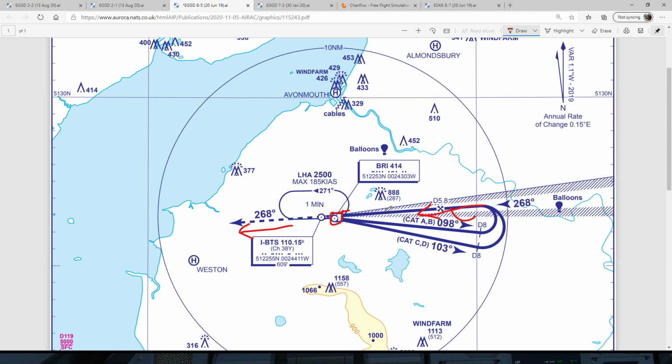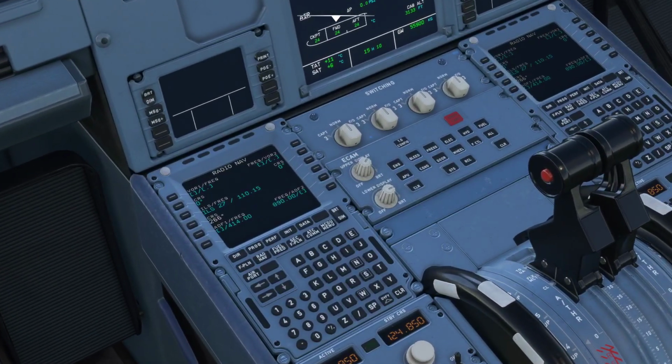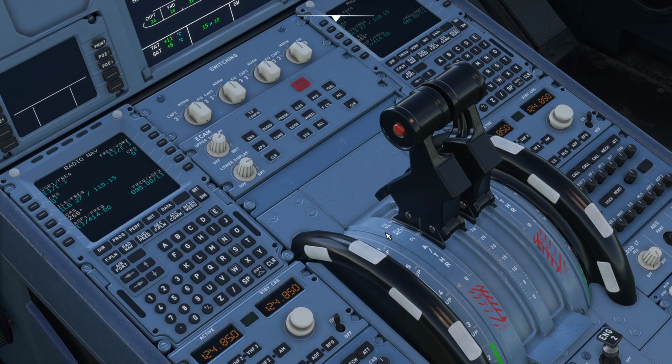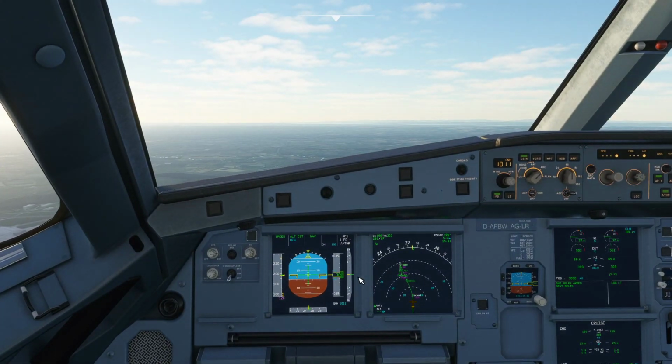So either air traffic control tell us to go around, or we decide to go around. And whatever that decision would be, it needs to be instant. So we would activate TOGA mode on the throttle, and we would pitch up and climb, and we'd follow those instructions that they've given us on the charts.